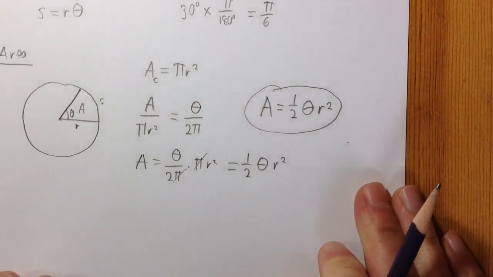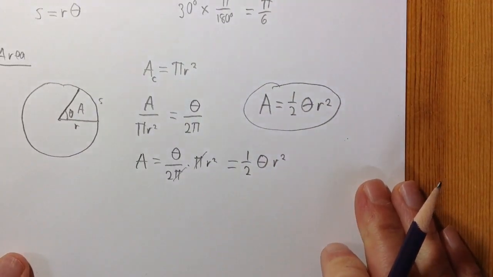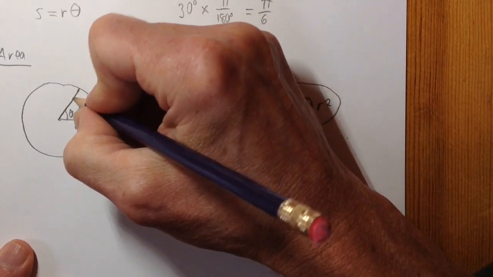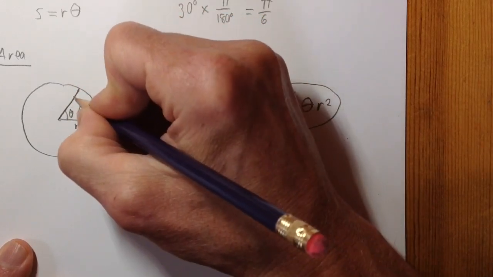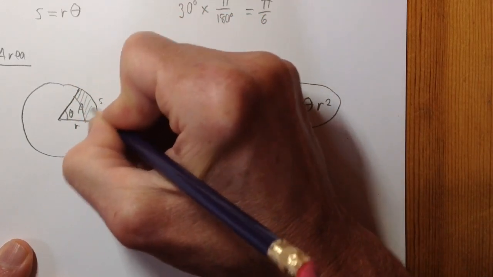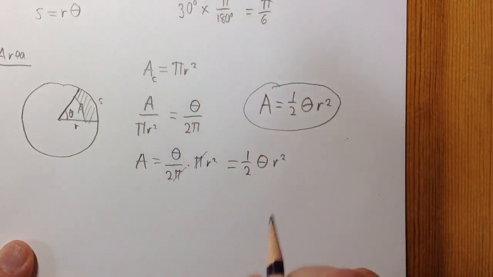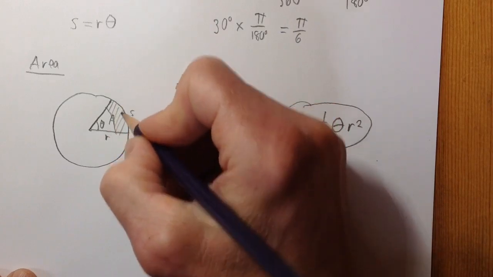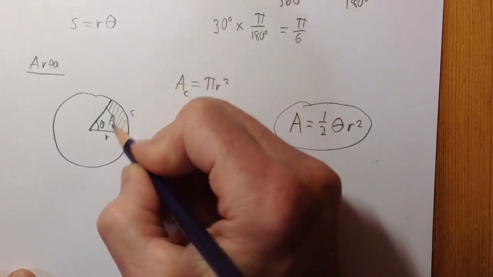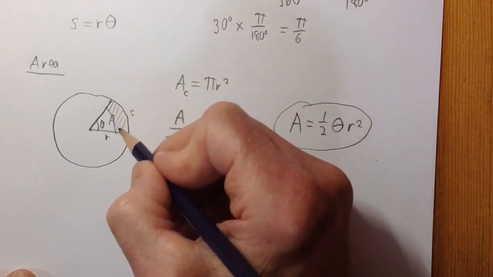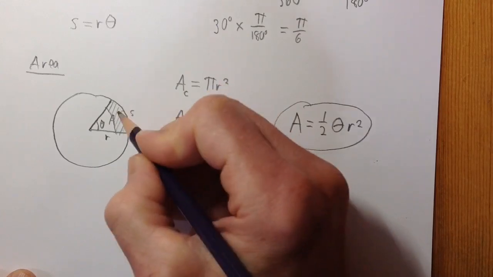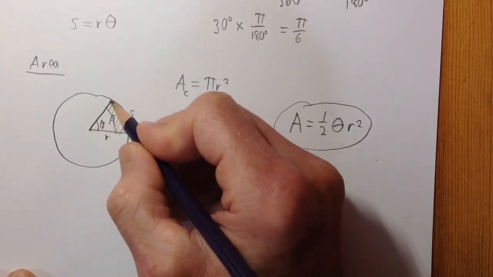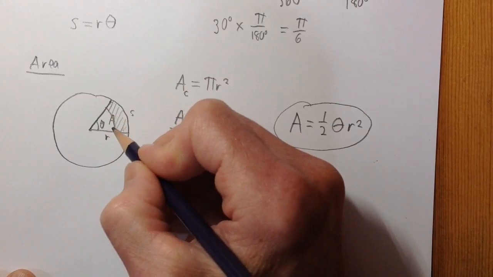You use it in problem 15.3. Now what happens if we want the area of this little piece up here, which is what 15.3 says? That's not hard. This is like typical SAT problems. We don't have a formula for the area of this little thing, but all you have to do is take the area of the big wedge minus the area of the small wedge.